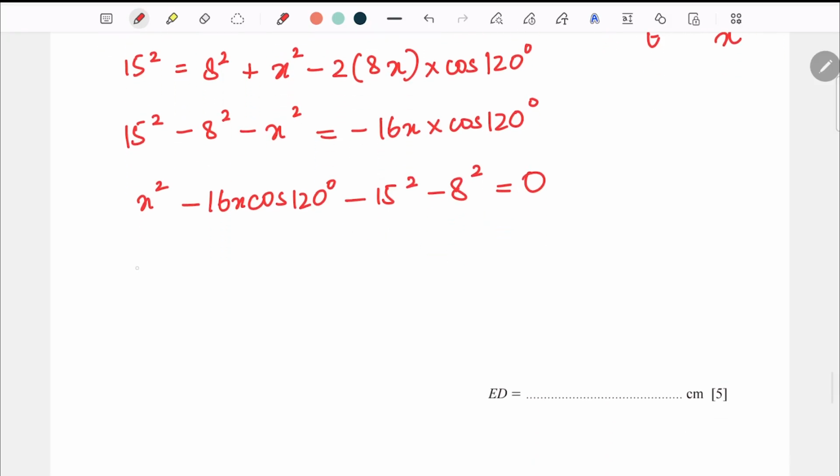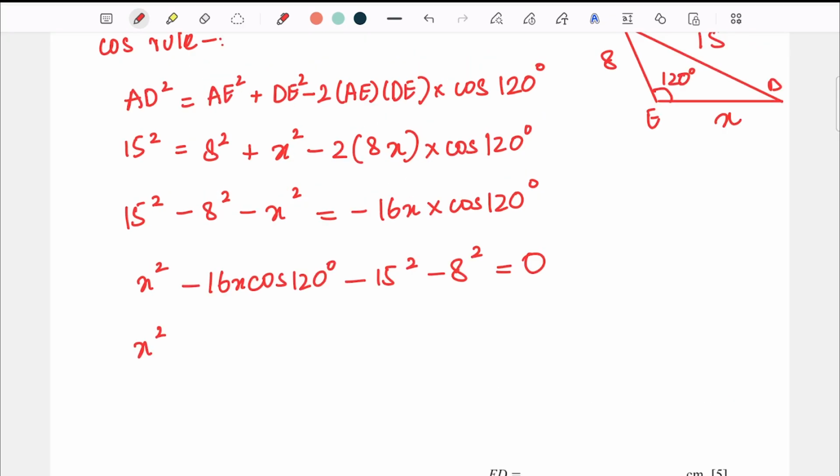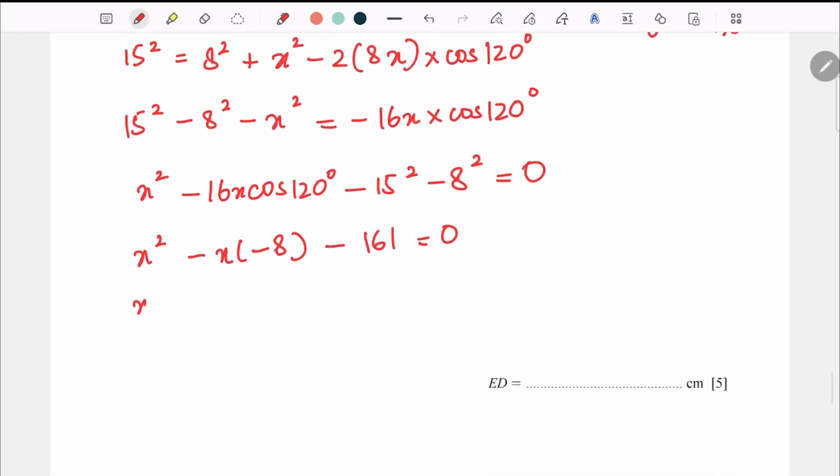When I simplify this, I'll be getting x squared, cos 120 into 16 is basically minus 8, minus 161 is equal to 0. So the final equation will be x squared plus 8x minus 161 is equal to 0.